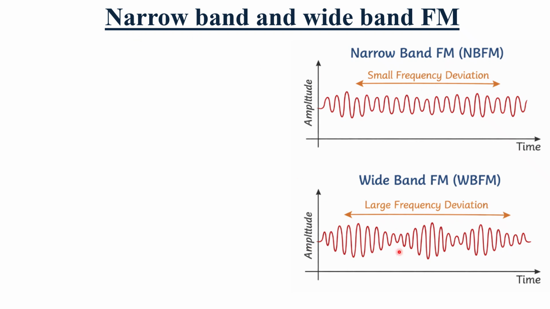If the frequency is varying very largely, where the frequency should be very large and high, that is called wideband frequency modulation. The main point is that if the modulated carrier has a small variation in frequency, that is narrow band, and a large variation is wide band.